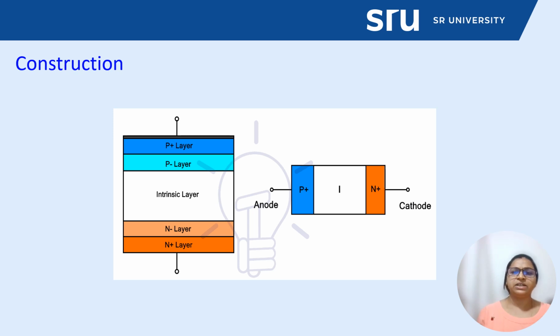A large intrinsic layer requires a strong electric field to inject carriers, enhancing their speed and reducing resistance. Resistance decreases as voltage increases, making the diode a variable resistor.